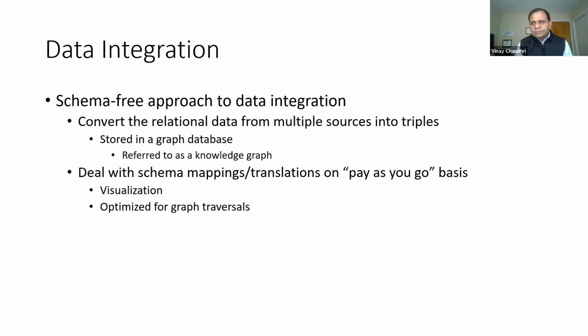Some people even call that simple translation a knowledge graph, but strictly speaking, you haven't really solved the problem. You've just translated data from one format to the other. But the interesting thing is that in this case, the hard work of defining mappings is delayed until you actually need it, right? And this is more popularly advocated as pay-as-you-go data integration.